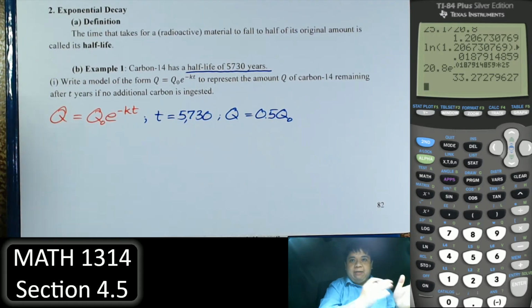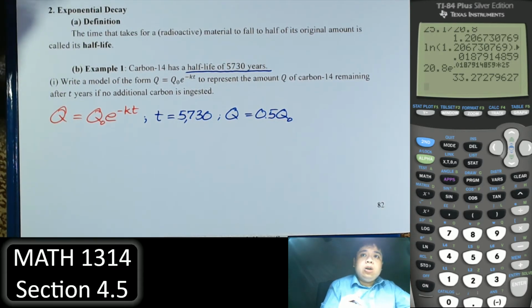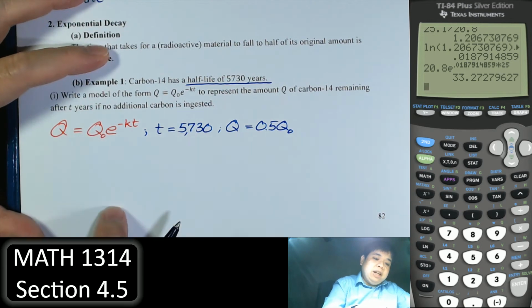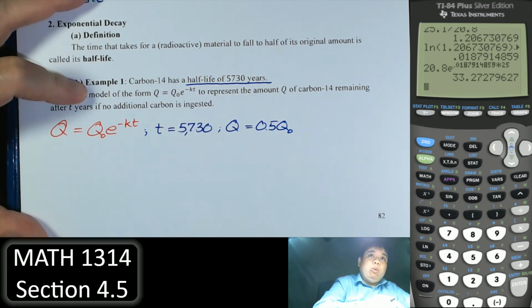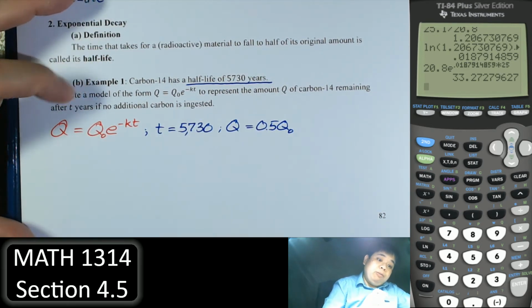So that's what half-life means. Right, so that is easy. Just put everything in here and we find the k. Well, we know the rate k, we know the model.